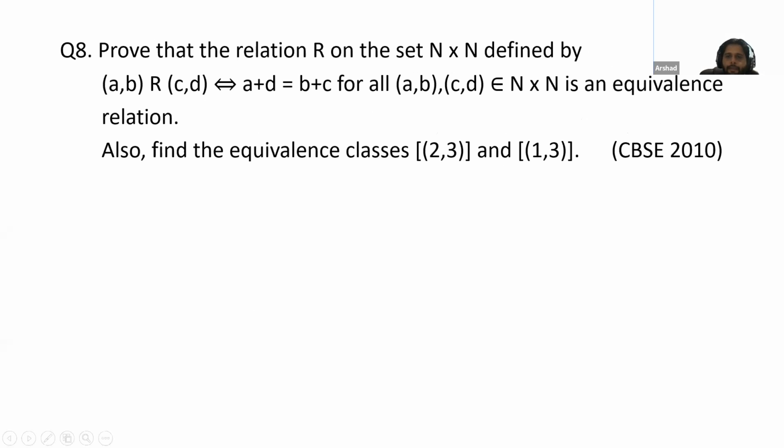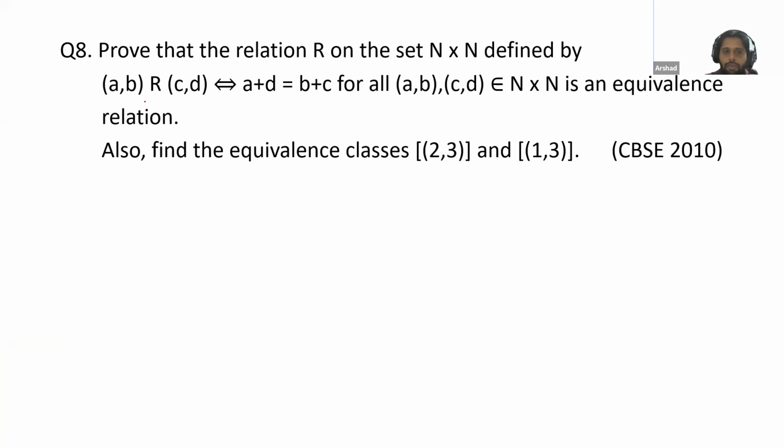Please check here. What is the question? Prove that the relation R on the set N by N defined by (a,b) R (c,d) is an equivalence relation. Please read this question. You can see there is a difference between this question and all the questions we have done till now.